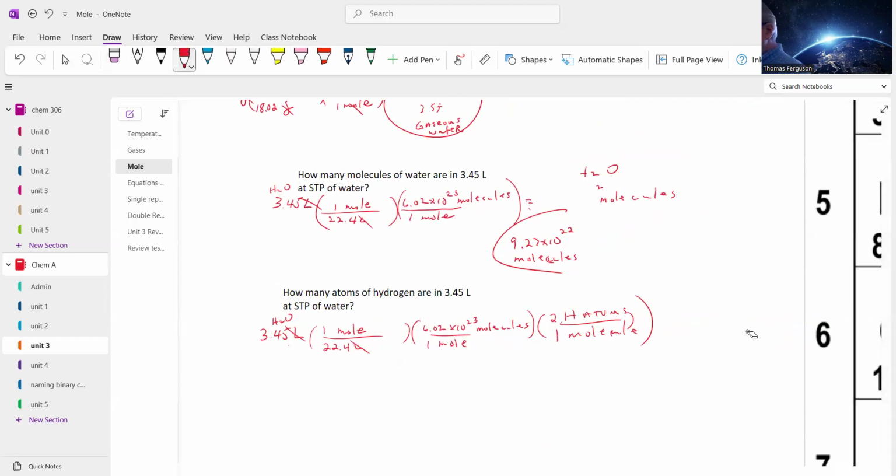Okay, does that make sense? Why we needed that last step? Because our units won't come out unless we have that last step there. Okay, so that's what we got here.